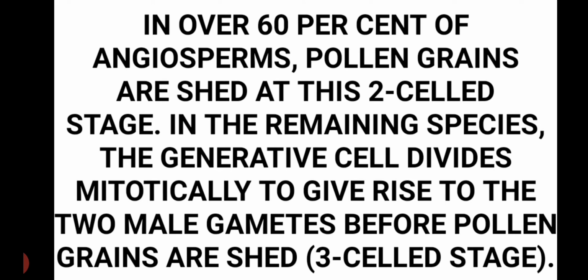In the remaining species, the generative cell divides mitotically to give rise to two male gametes before pollen grains are shed. That means a three-celled stage. So in 60% the two-cell stage is there, and in the remaining 40%, the three-cell stage can be seen in the pollen grain whenever they are shed.